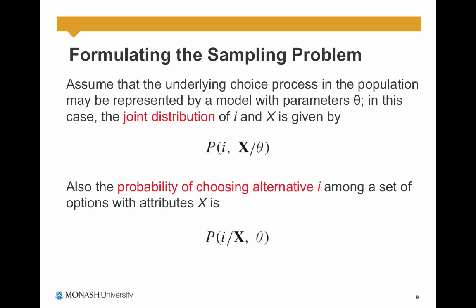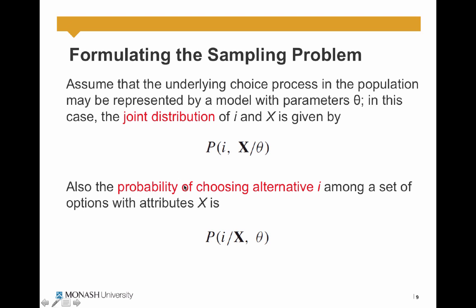There are a few other assumptions in the probabilistic formulation of the sampling problem. That is, the underlying choice process in the population can be represented by a joint distribution of I and X, which is represented as probability of I and X conditional on theta. Theta is the parameters in the model.